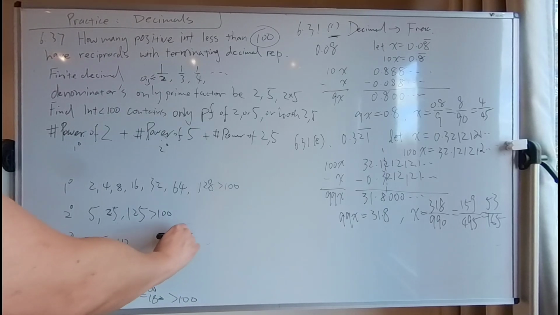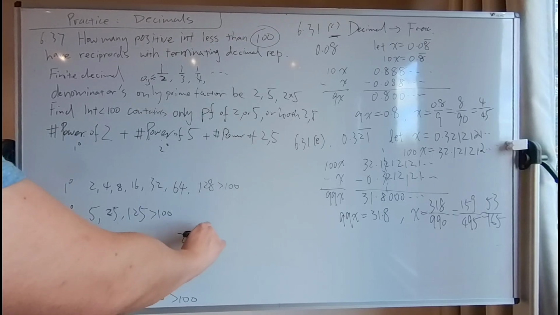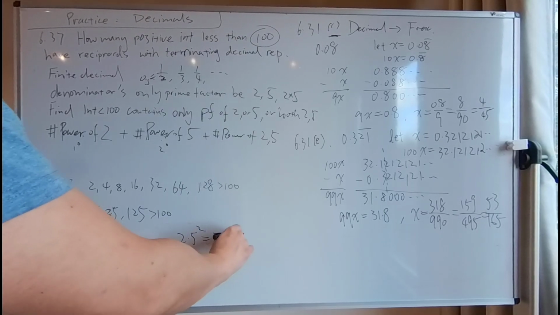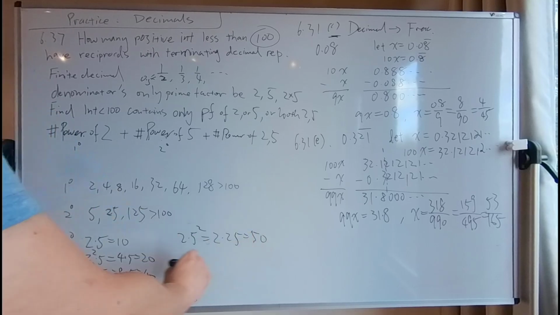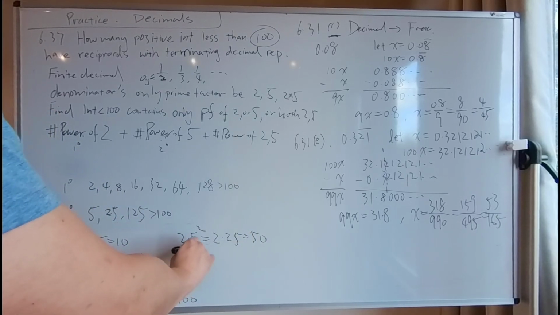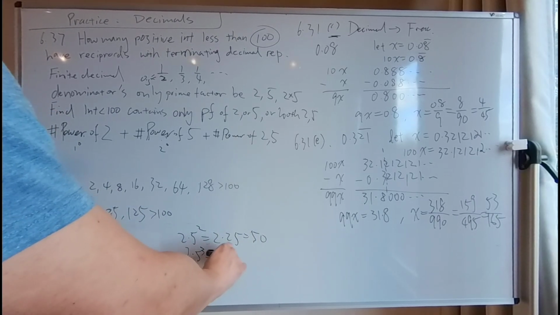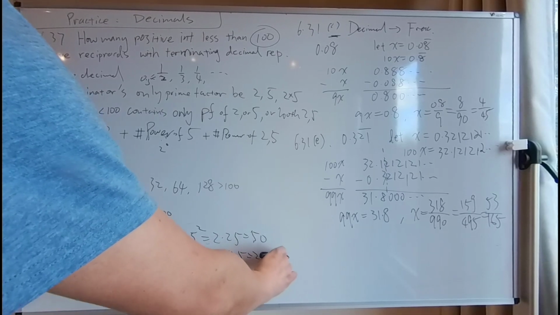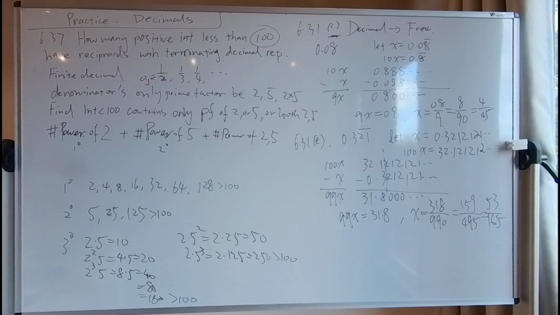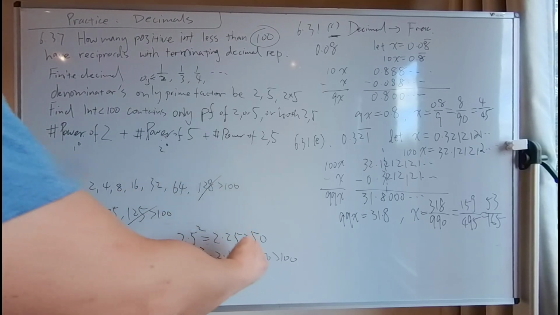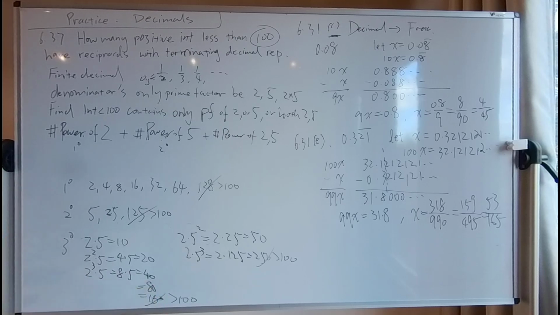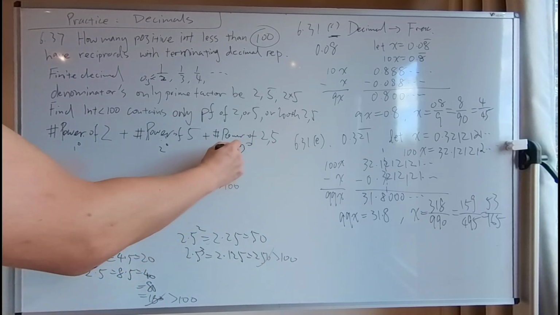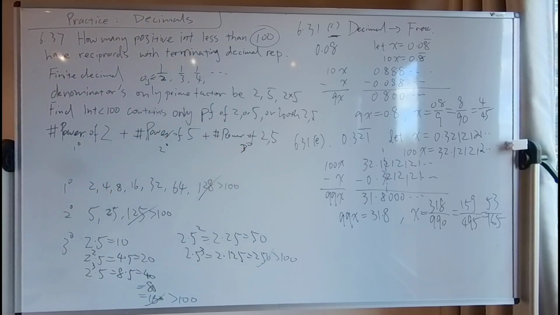I can still increase the power of 5. 2 times 25 is 50. Next would be 2 times 125, 250, that's obviously greater than 100. So we're reaching the limit of 100 in all three scenarios, and we can start counting how many such numbers there are.